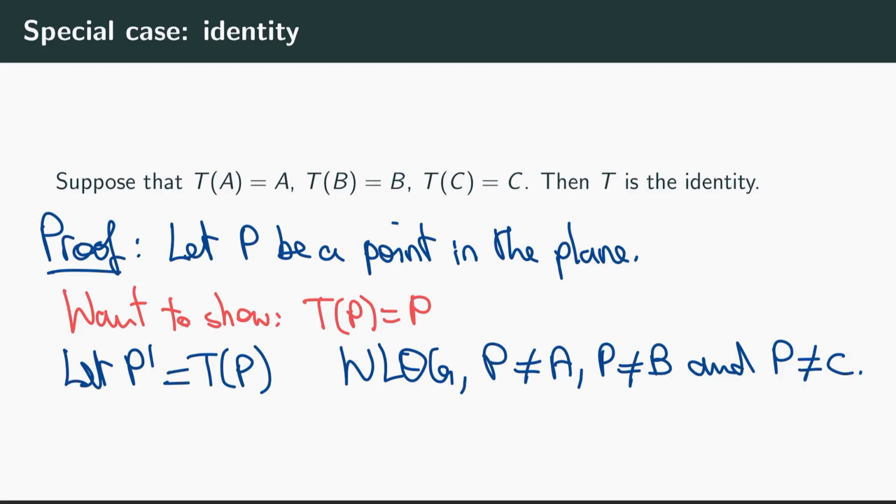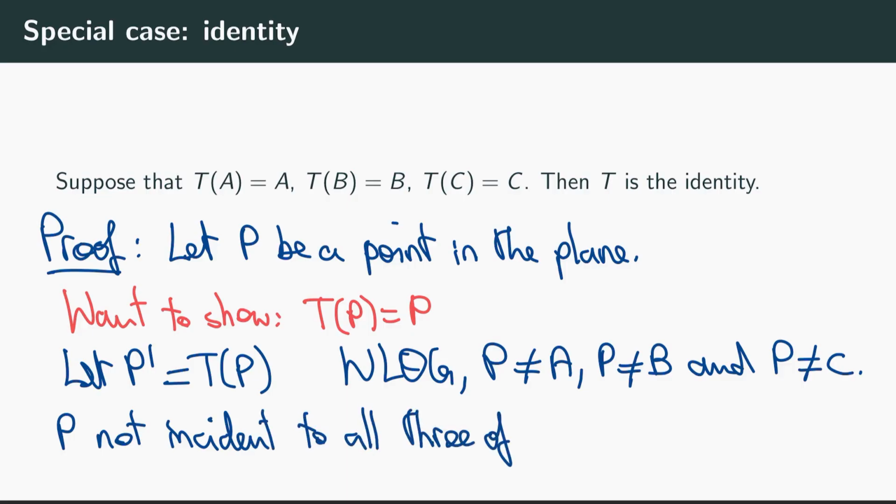Or, as you saw previously, if I extend the 3 sides of a triangle to lines, there is no point incident to all 3 of them. So P is not incident to all three of these lines AB, AC, and BC.